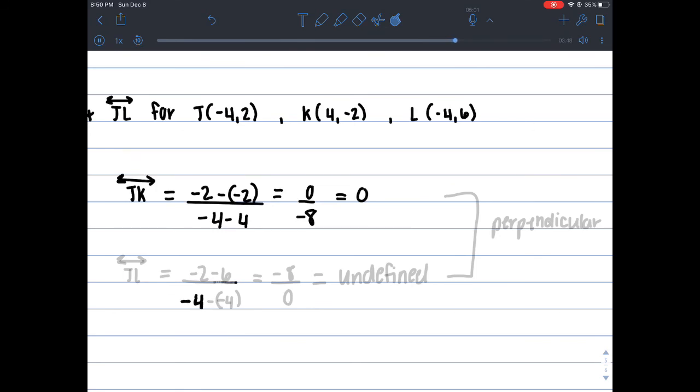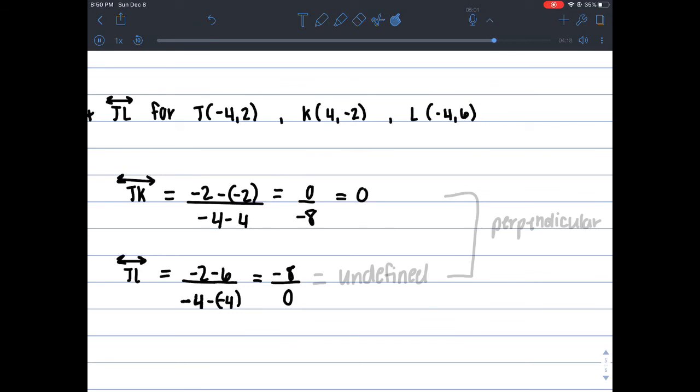Then we do line JL. When you plug this into the slope formula, it equals negative 2 minus 6 over negative 4 minus a negative 4. This is going to equal negative 8 over 0.